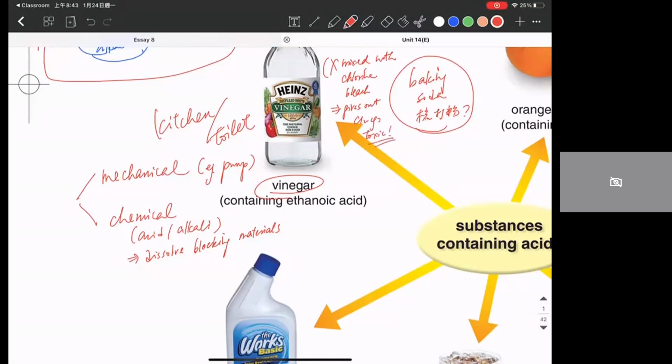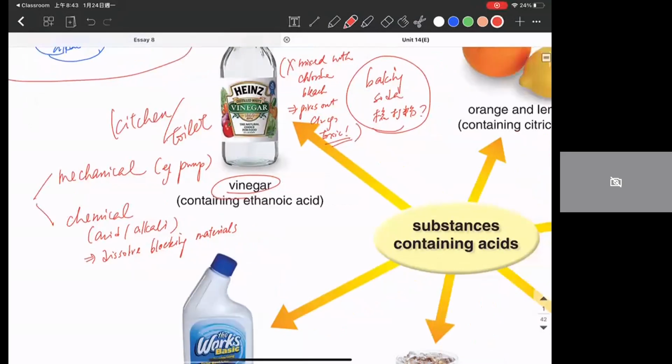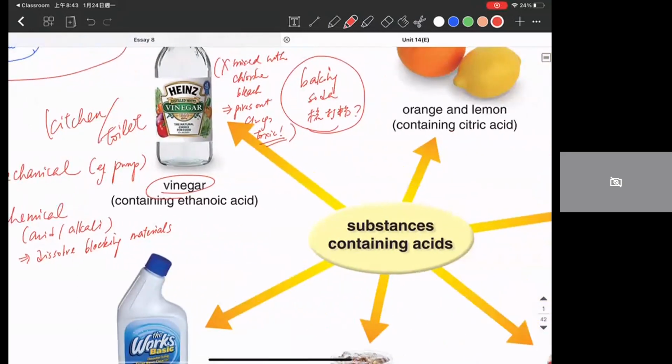So remember, this is something problematic. Any questions so far? Okay, if not, yes, the chlorine gas is toxic.